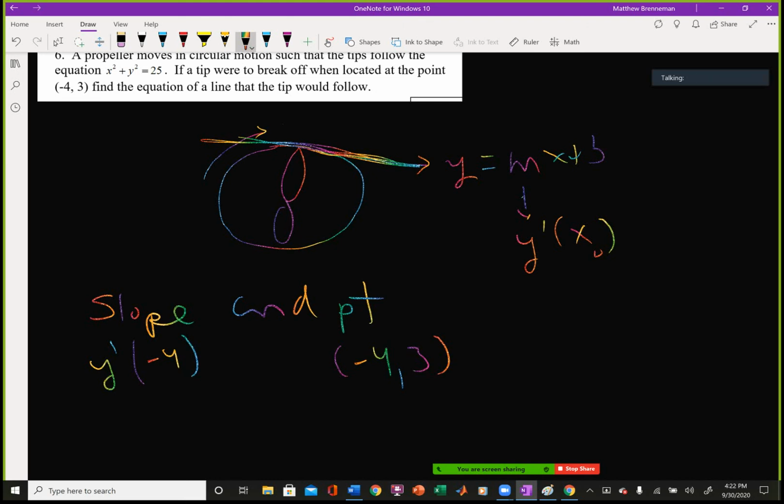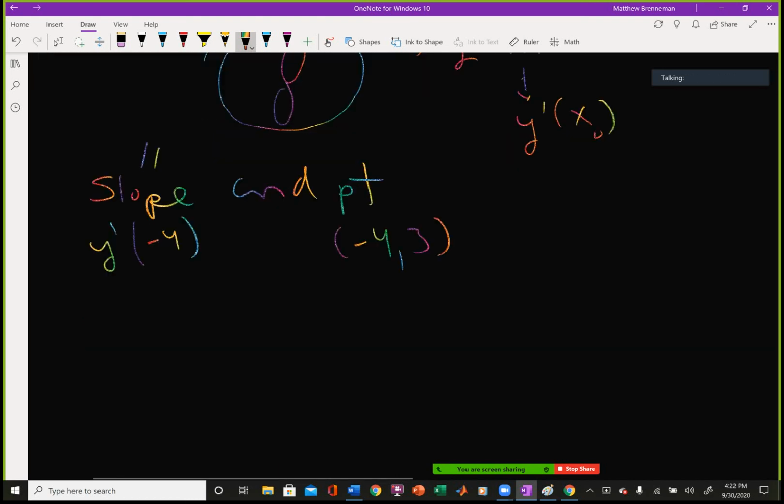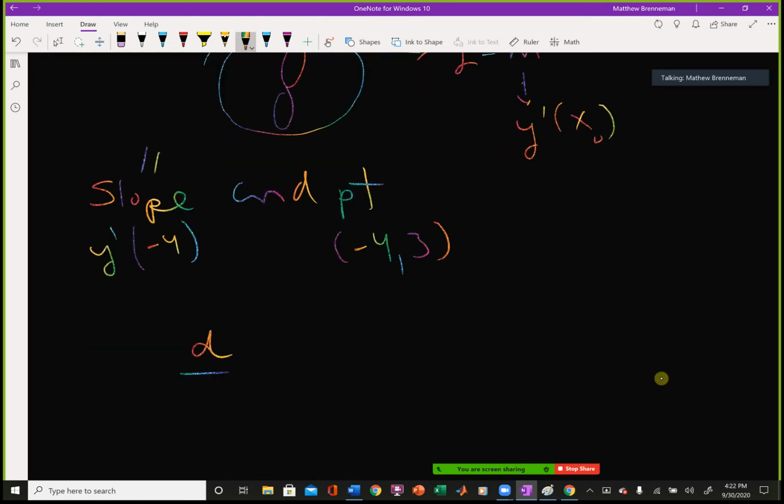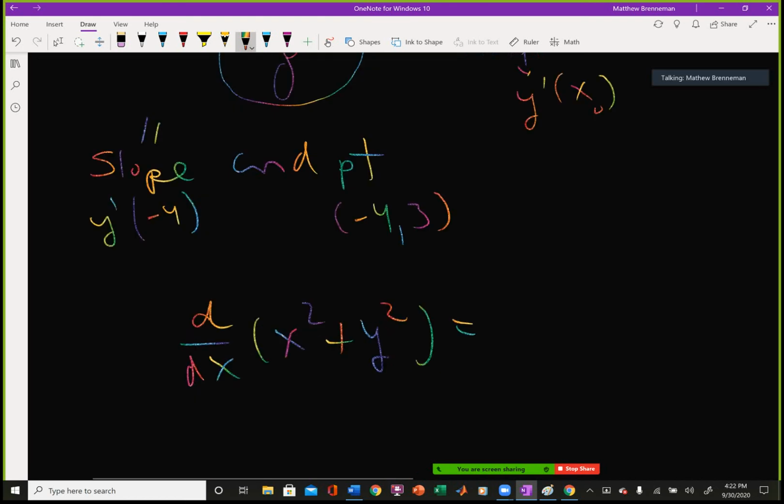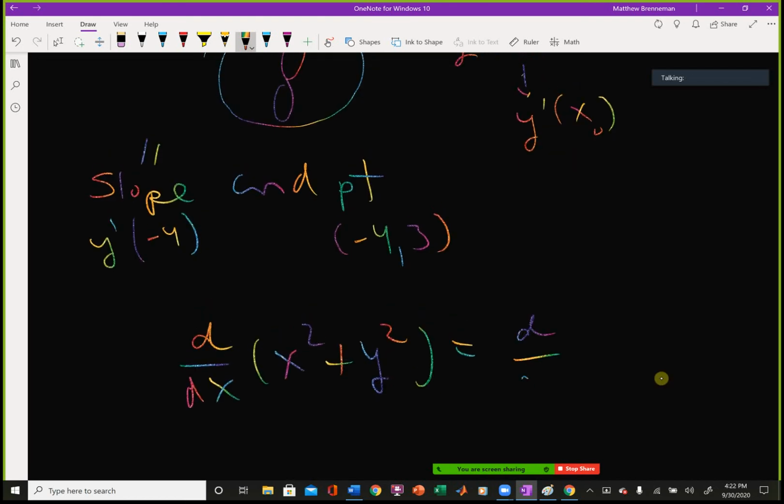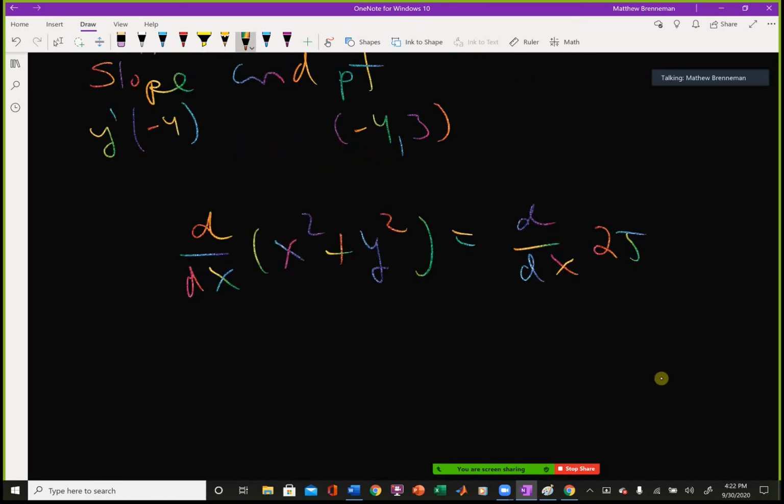So, again, slope means derivative, right? Y prime. So let's take the derivative of both sides. And so again, derivative of x squared is going to be 2x. And now I'm going to try this a little more quickly, okay? I'm taking the derivative of y squared with respect to x.